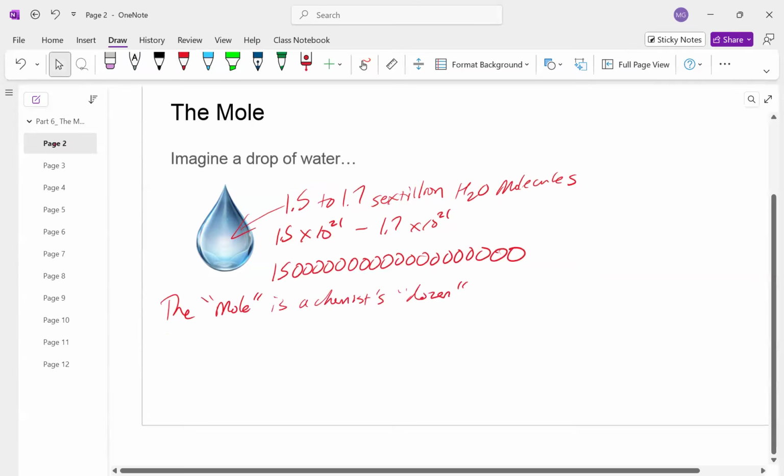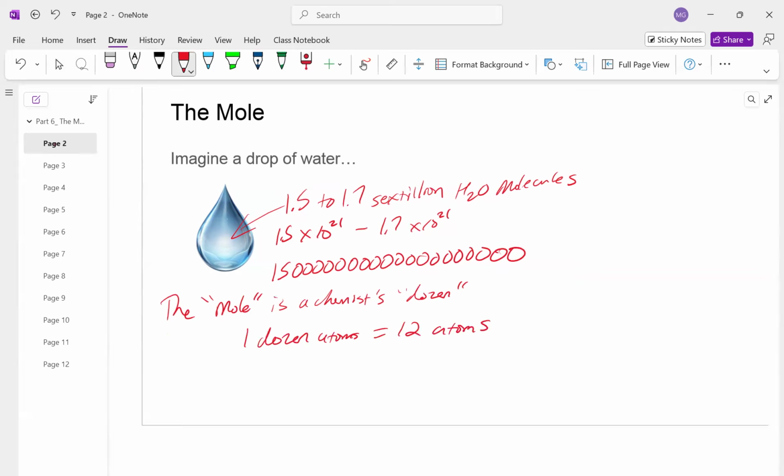Just like a dozen of something, like a dozen atoms, means there are 12 atoms, a mole is a way to group up a large number of atoms. 1 mole of atoms is equal to 6.022 times 10 to the 23rd atoms.